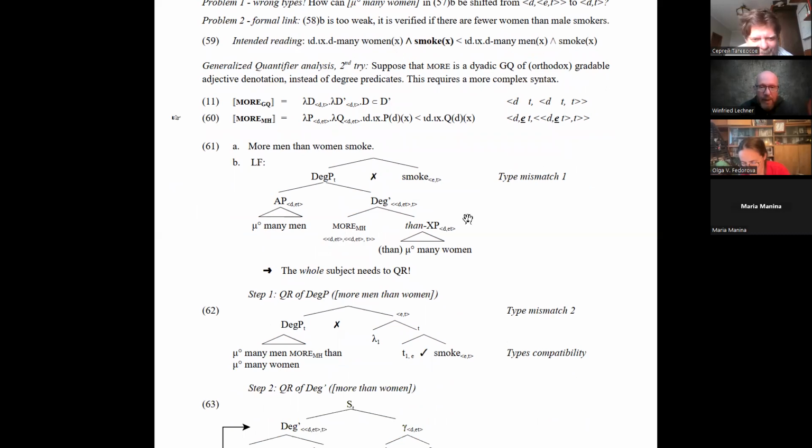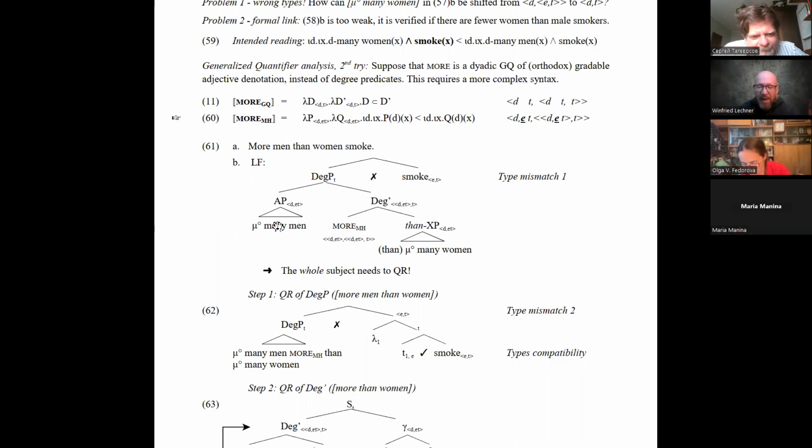Again, let's start with the structure here. And let's start from the very beginning. Many men more than many women will be spelled out as more men than women. I didn't really go into the morphology here, but the idea is that this functional head triggers a spec-head relationship with the head of the AP.